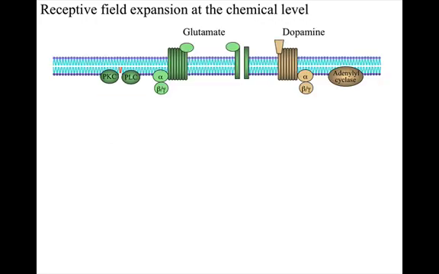And we can look even more closely at the chemical processes. There's actually a lot of different receptors for different neurotransmitters in the neural membrane. I've illustrated one receptor for dopamine, the D1 type, which is a G protein receptor, and two receptors for glutamate.